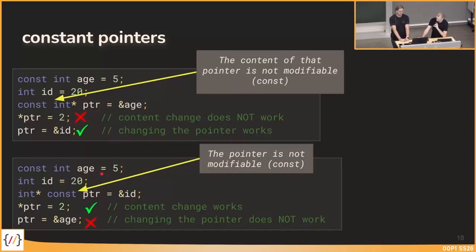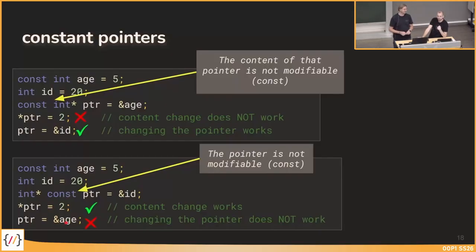In other words, or in the other direction, if I have again the const int age and this int id 20, and I write this const on this side of the pointer, so not const int pointer, but int pointer const, this means the opposite. This means that the pointer is not modifiable, so I can change the value of age, but I cannot change the pointer itself.